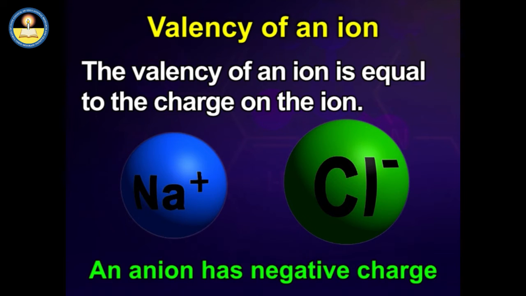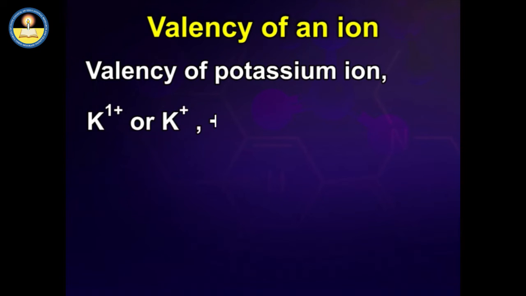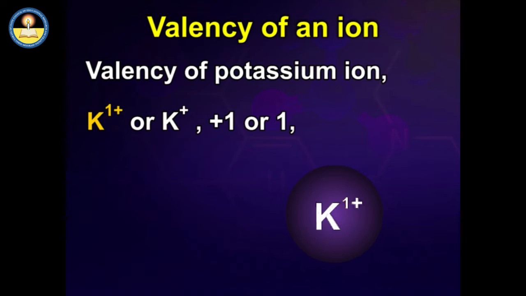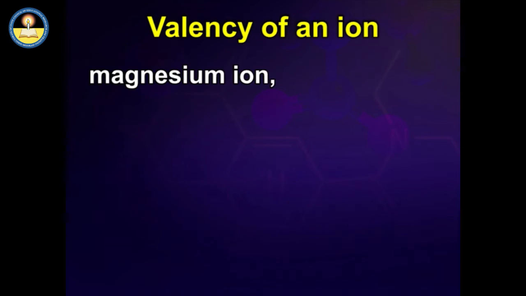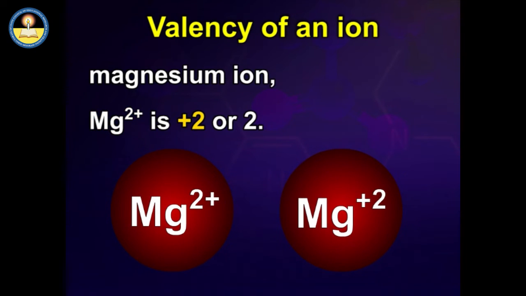Therefore, its valency is taken as the respective negative numeral, or simply the numerical value of the charge, Cl negative. For example, the valency of potassium ion, K positive, is positive 1 or 1, and of magnesium ion, that is Mg2 positive, is positive 2 or 2.